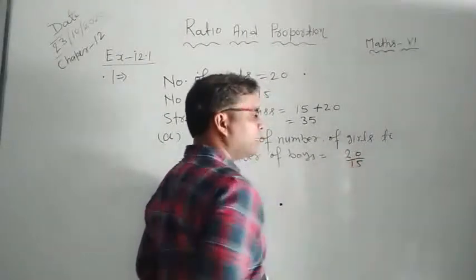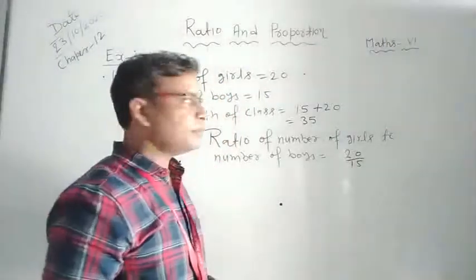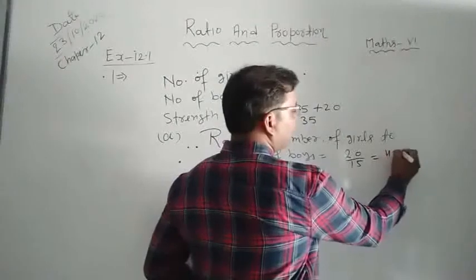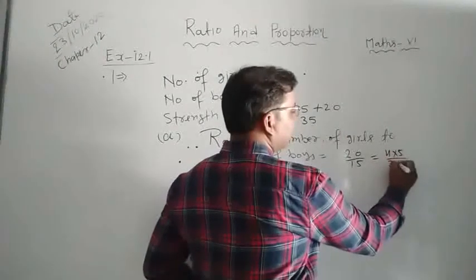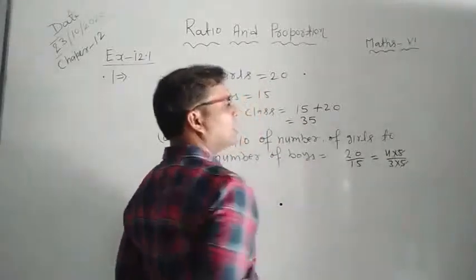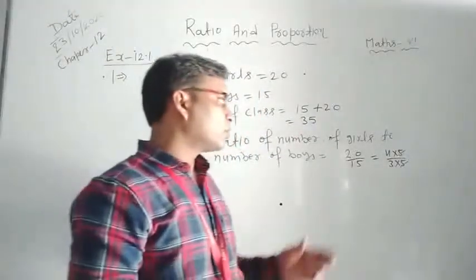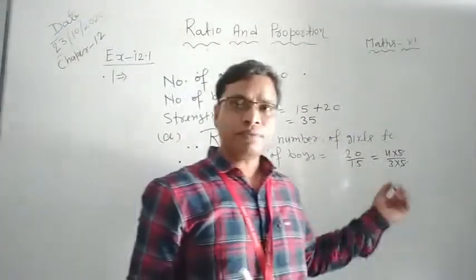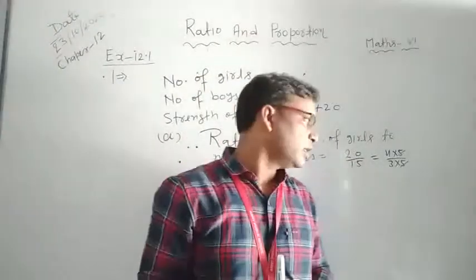If you simplify this, 20 by 15 is equal to what? 4 into 5 by 3 into 5. So here you can see 5 cancels. You can write 4 into 5 is equal to 20 and 3 into 5 is equal to 15. This is clear.